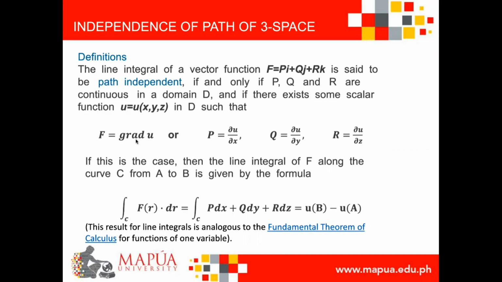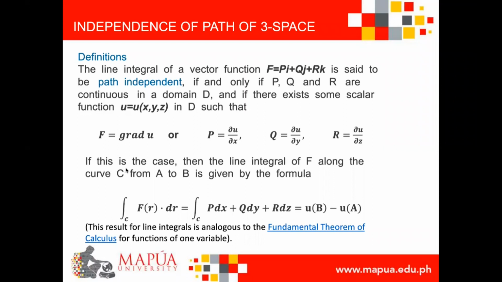Grad is also gradient. Or we have P equals the partial derivative of u with respect to x, then function Q is equal to partial u with respect to y, and function R is equal to partial derivative of u with respect to z.